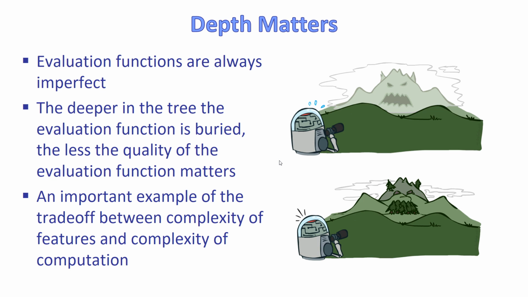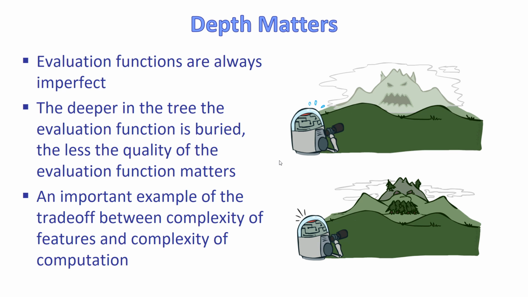Here are some notes about depth limited search. Of course, we said that evaluation functions are always imperfect. So we cannot expect that the evaluation function will give us exactly the exact value. Otherwise, it would be the terminal nodes. As we go deep in the tree, we will be very close to the terminal nodes, right?